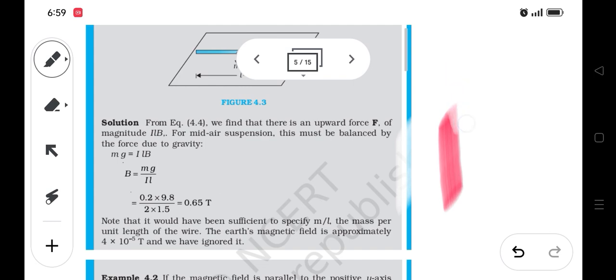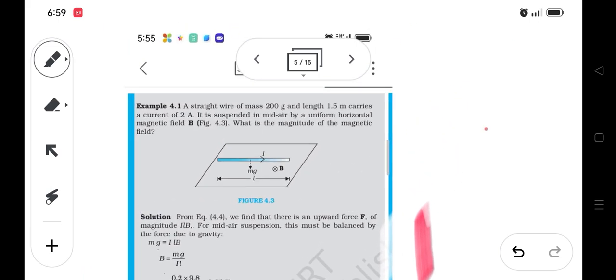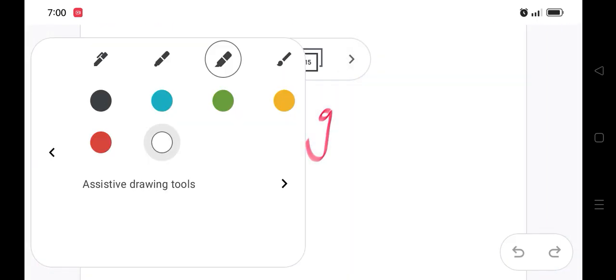Length equal to 1.5 meter. Then it carries a current of 2 ampere. So length is 1.5 meter and current is 2 ampere.